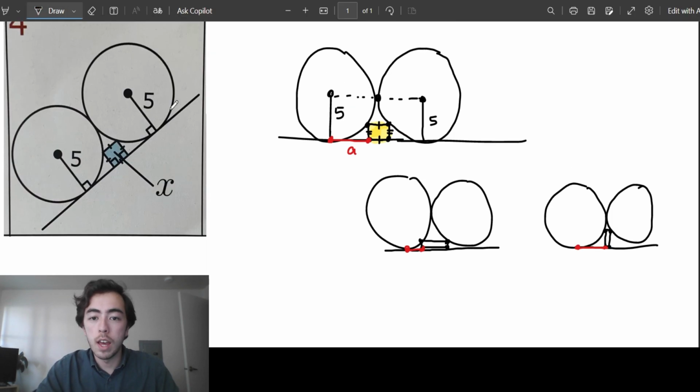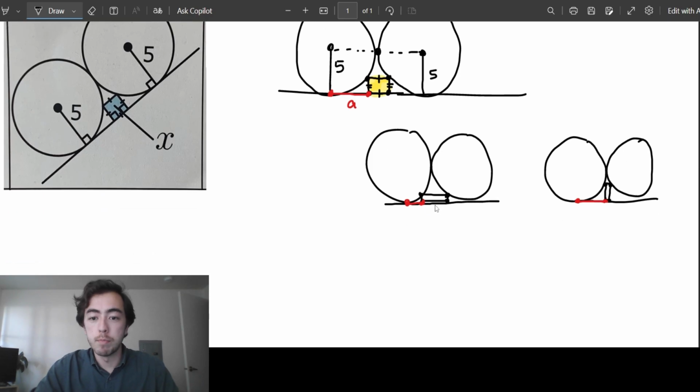I know that A could range from 0 to 5, because if it's 0, then I have something that looks even flatter than this. It would just be a flat rectangle right here. Let me put some thoughts in a table.